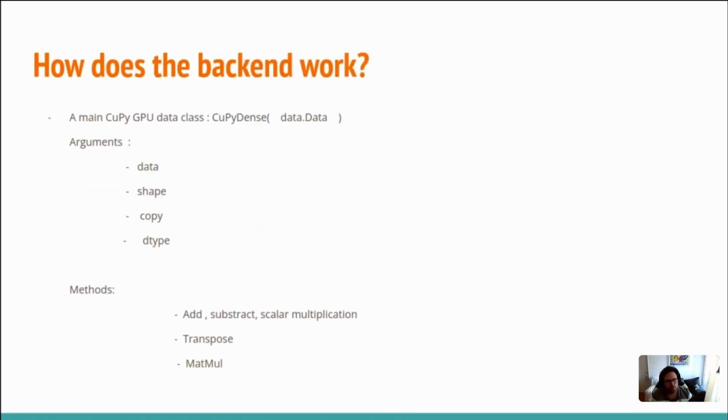So, okay. How does the backend work? Well, the backend is basically built on QuTiP dev.measure, which should be QuTiP 5, I believe. We have a class that is QPyDense that inherits from Data, which is a class that acts as a backend on QuTiP dev.measure, and then it has arguments where you give an array that holds the data you want to store.